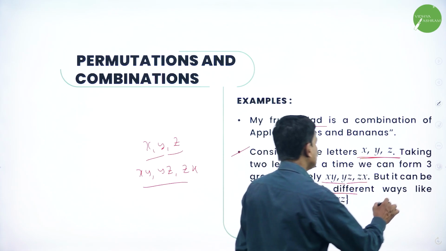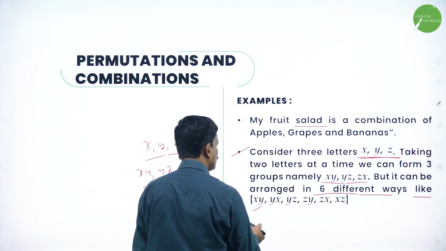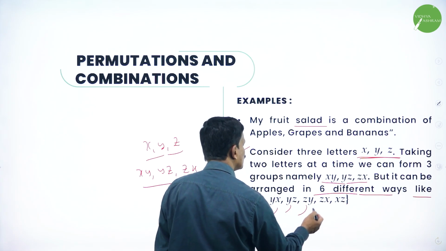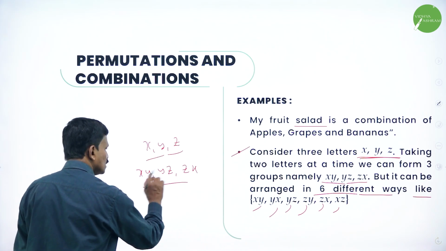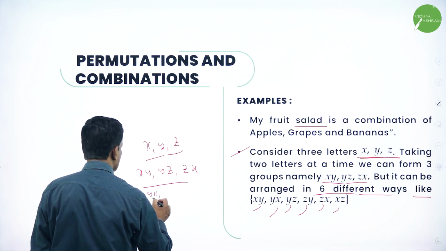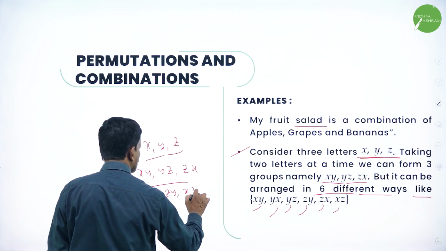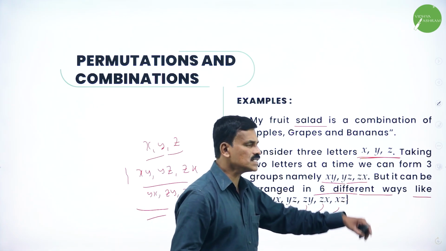But it can be arranged in 6 different ways, like XY, then YX, YZ and ZY, ZX and XZ. This can be just interchanged. So like this we are going to arrange in 6 different ways.